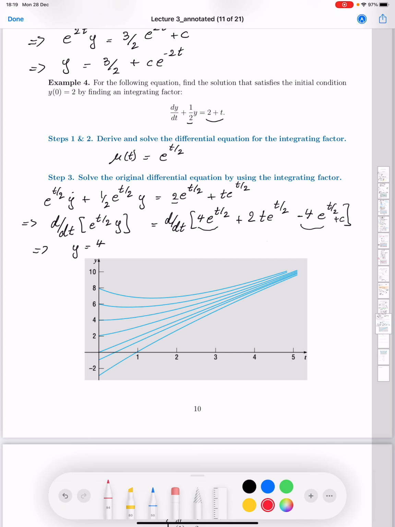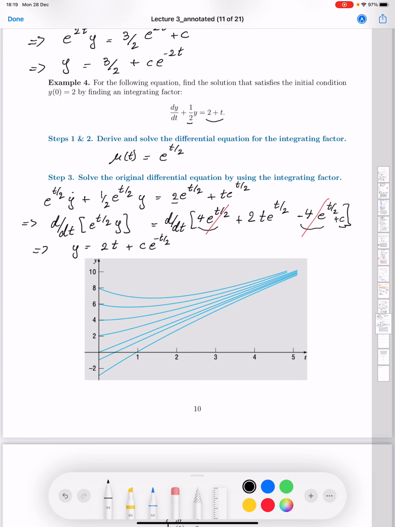So what I will have here is 2t, and then plus this c divided by e^(t/2), which will be c e^(-t/2).